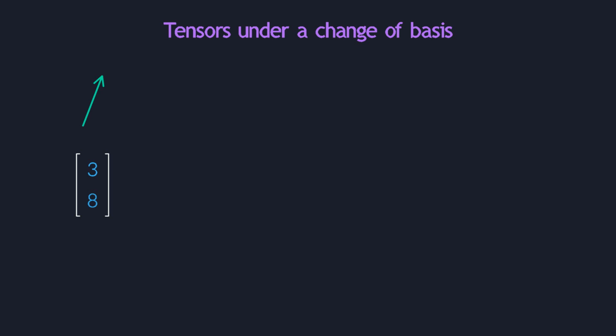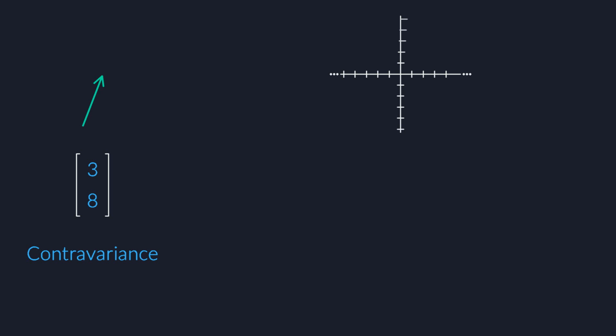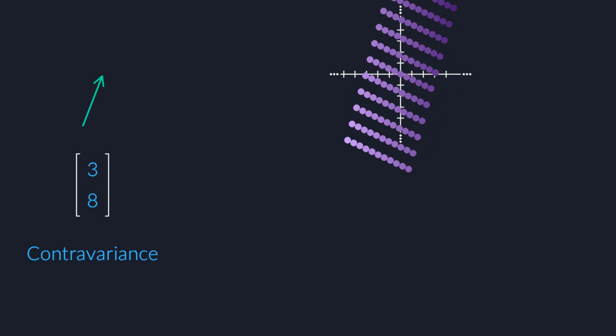Vectors are geometric objects. It's only when you decompose them in a specific basis that they become lists of coordinates. When you change to a new basis, the coordinates will change too, and they will do so in opposition to your basis change. This is called contravariance. Linear transformations are functions that transform vectors.